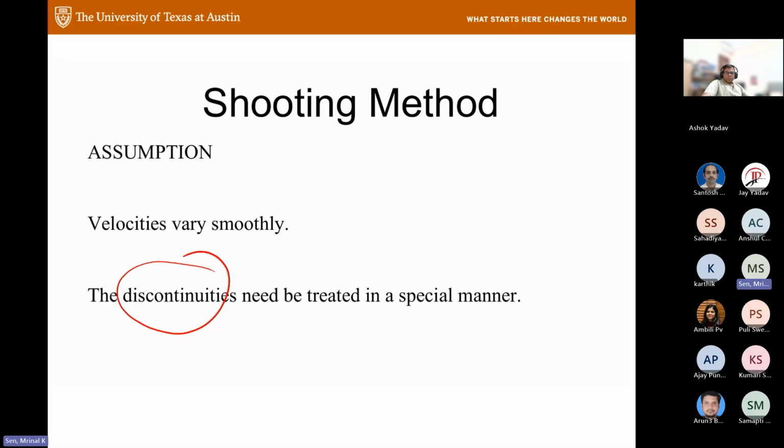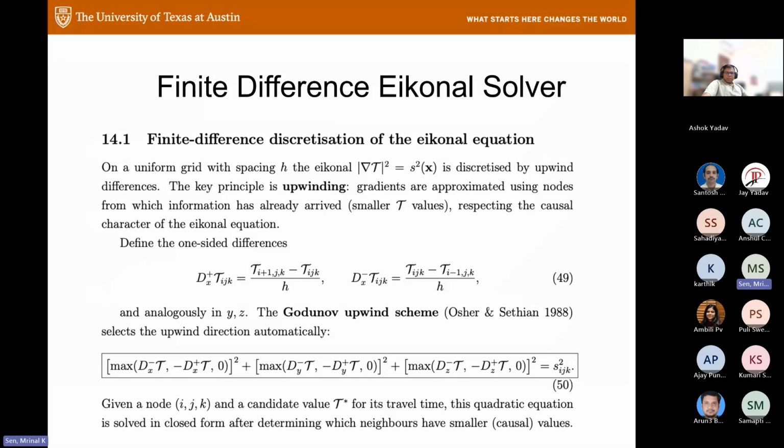Now we look at the finite difference eikonal solver. It became very popular because for migration, what we need is, let's say that I have a velocity model. And typically I define my image domain in say XY, XZ or XYZ in 3D.